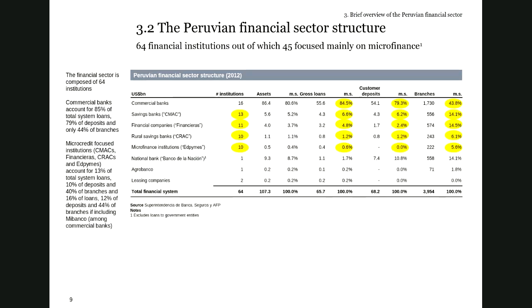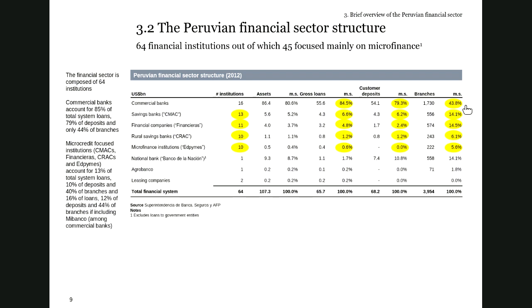So an overview again of the financial sector, how it's split between commercial banks, savings banks, financieras, cajas rurales, etc. You can see that 81% of the market in terms of assets corresponds to commercial banks, 85% in terms of loans, 80% in terms of deposits, but only 43% in terms of branches.